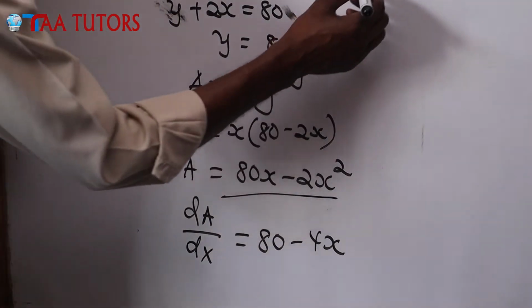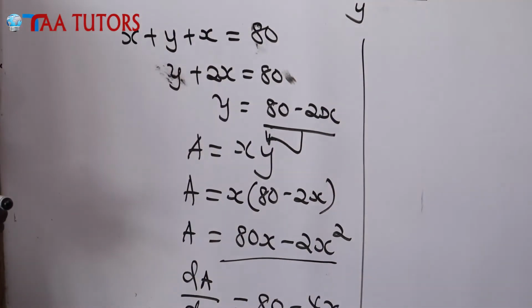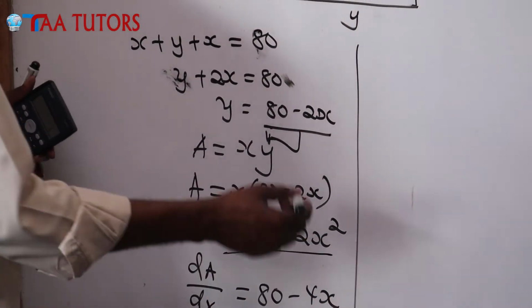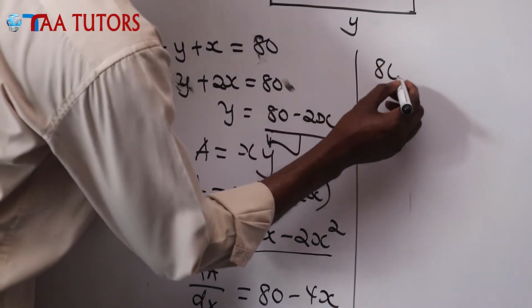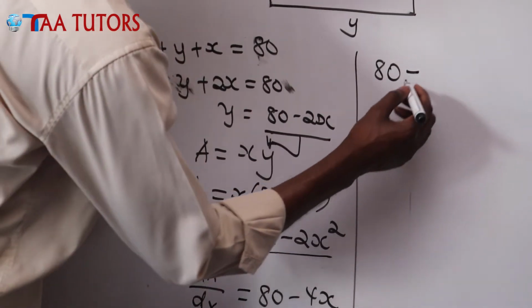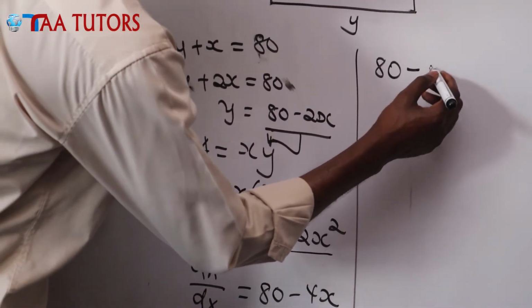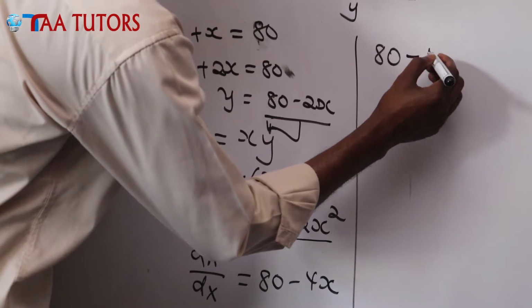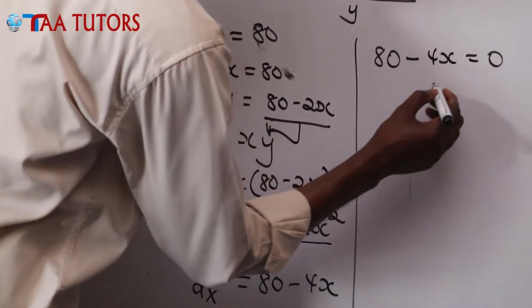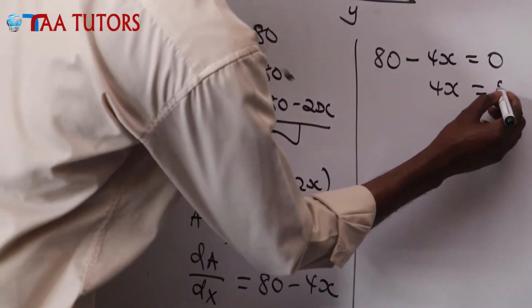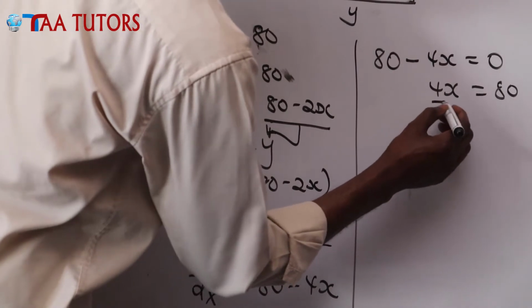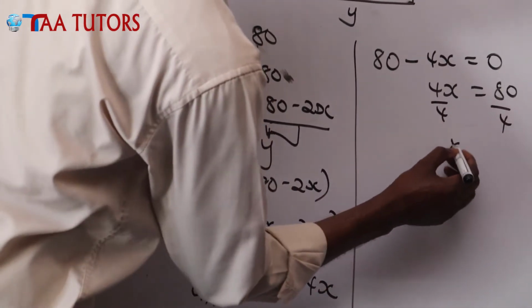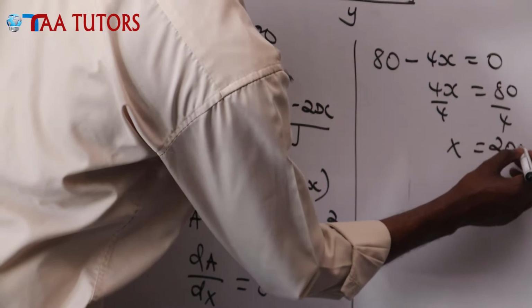But we know that at maximum area, this equals 0. So I say at maximum, dA dx, 80 minus 4x equals 0. So 4x equals 80, x is 80 over 4, so x should be 20 meters.